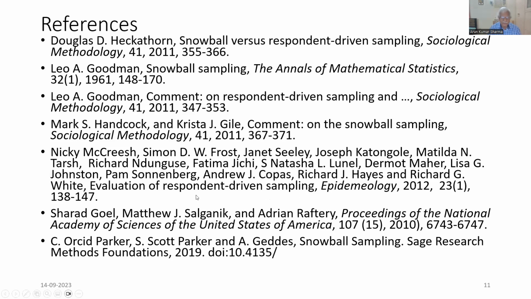These are some references. I thought that those who want to read more on snowball sampling must be given some references. So these are 7 references which you can read.